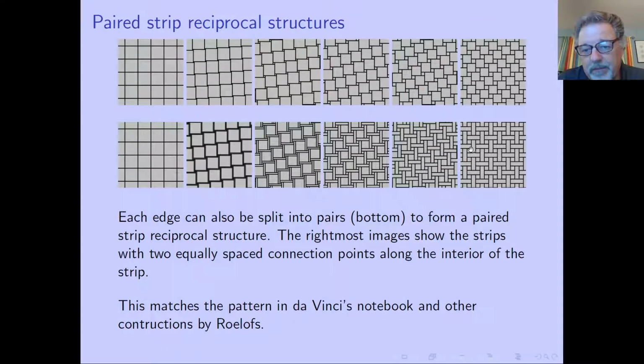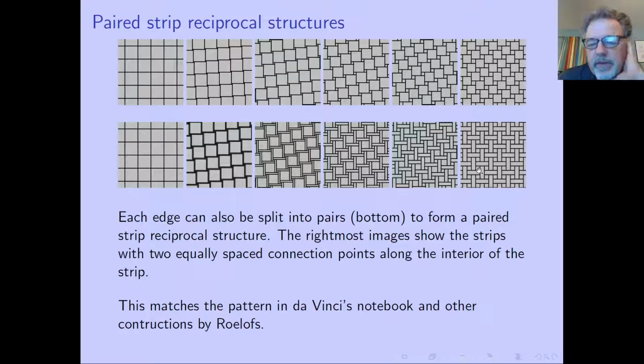But in this limit here, we see that again each one of these struts has 4 connection points, one on each end, and then 2 intermediate. And those intermediate ones have connections coming from the same direction.